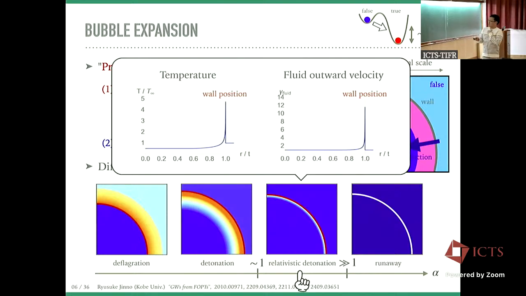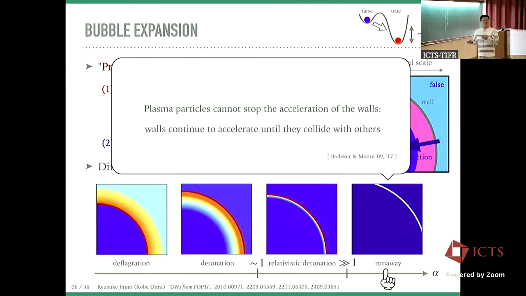Finally, when alpha exceeds some threshold, plasma particles cannot stop the acceleration of the walls anymore, and walls continue to accelerate until they collide with each other. So this is the basic classification of bubble expansion modes.